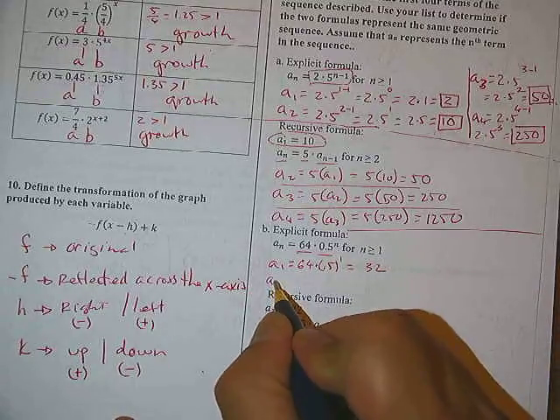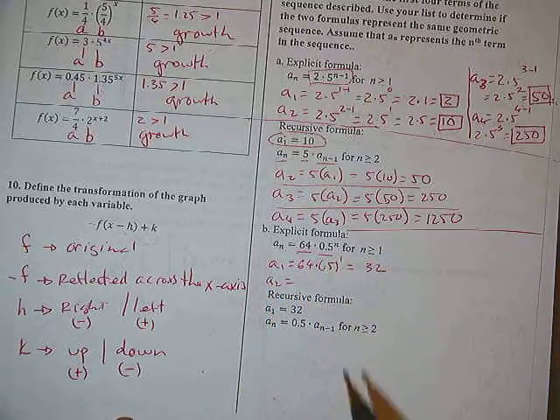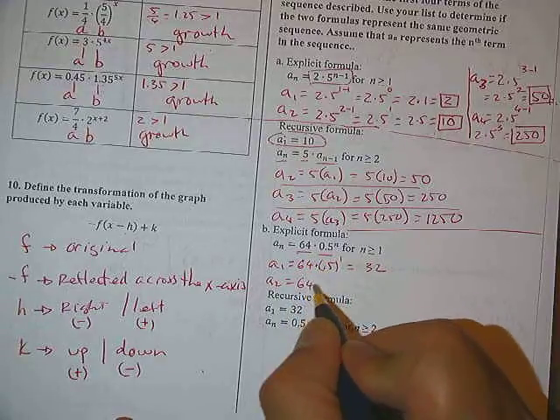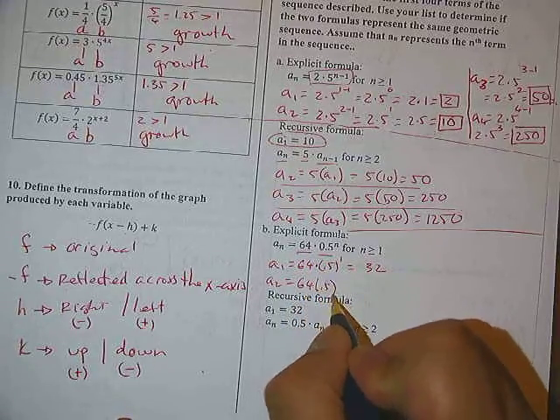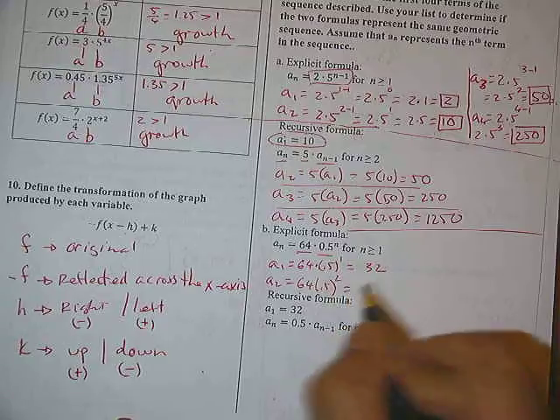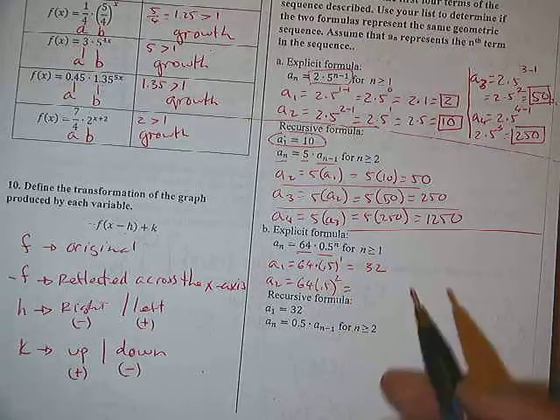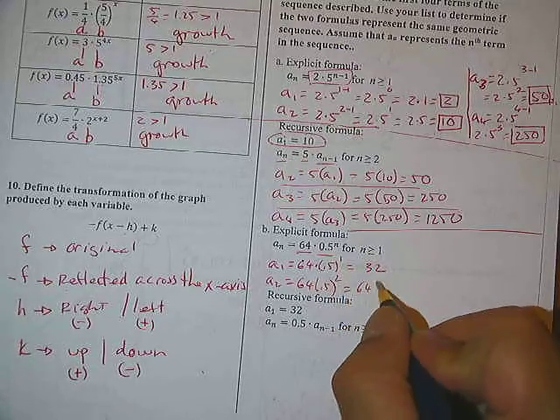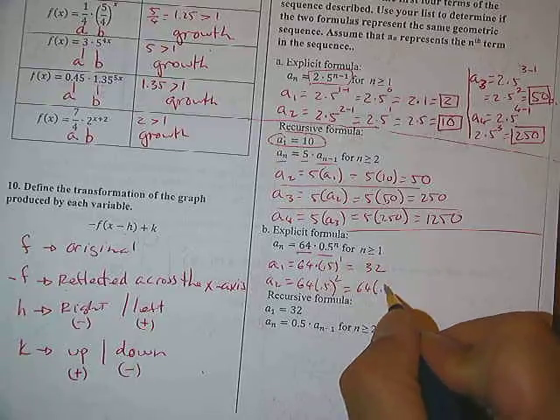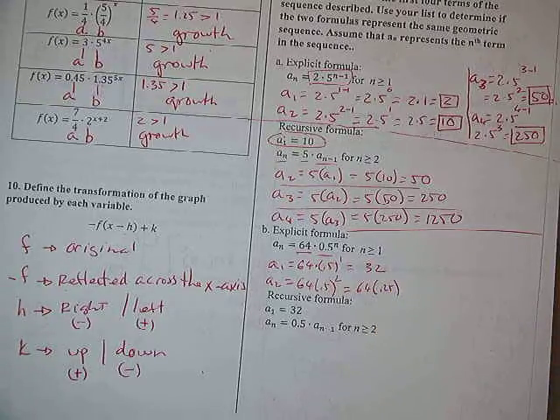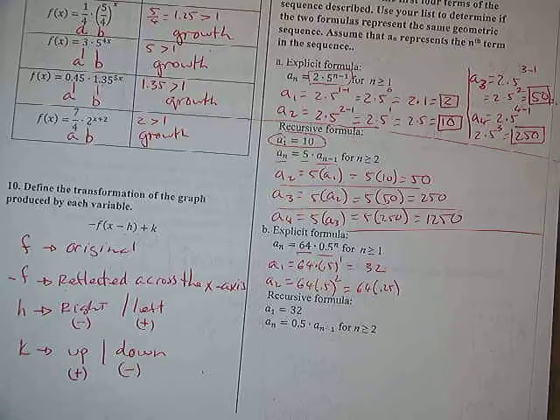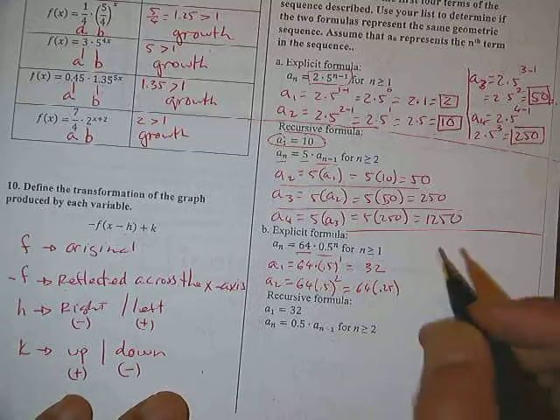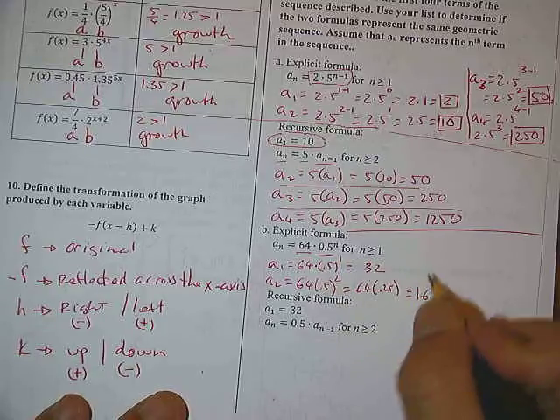Explicit formula. A sub n is equal to 64 times 0.5 to the n. All right, let's find the first term. A sub 1 is going to be 64 times 0.5 to the 1 power. Well, that's just 64 times a half. So that's just half of 64, and that's going to be 32. All right.